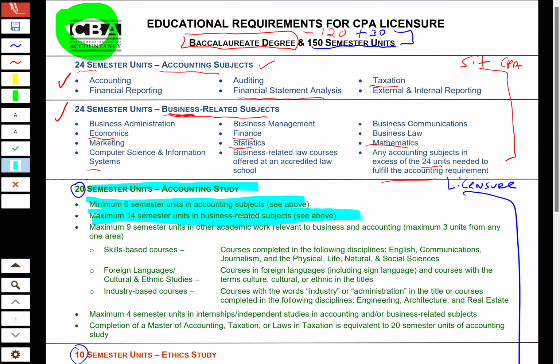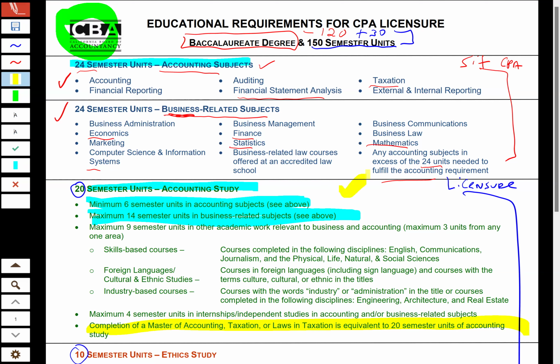Now, some folks look at that and say, wow, that's a lot of accounting. I mean, I've got to get 24 accounting up here just to sit for the exam, and then I've got to go and get an additional 6 units on top of that to be eligible to get the license. And what they have done is said, well, look, if you complete a master's in accounting or tax, we'll have checked off that you have met this requirement.